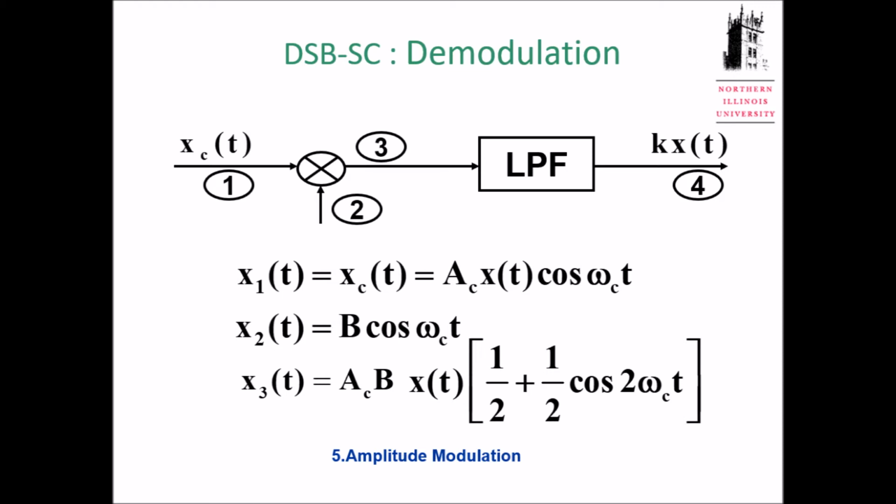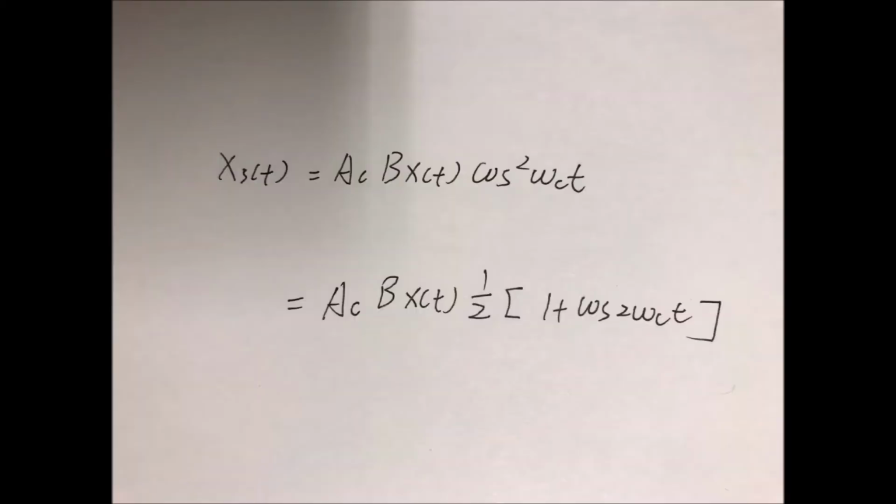Now, point 3, the multiplication of those two signals, we have A_c B x(t) cosine omega c t times cosine omega c t. So we have cosine omega c squared, right? So let me write one more step for you. A_c B, right?